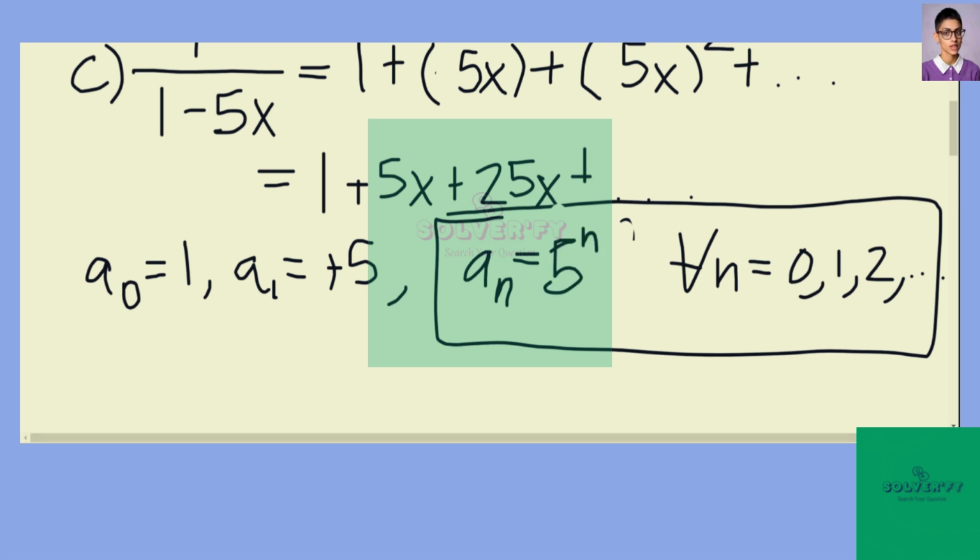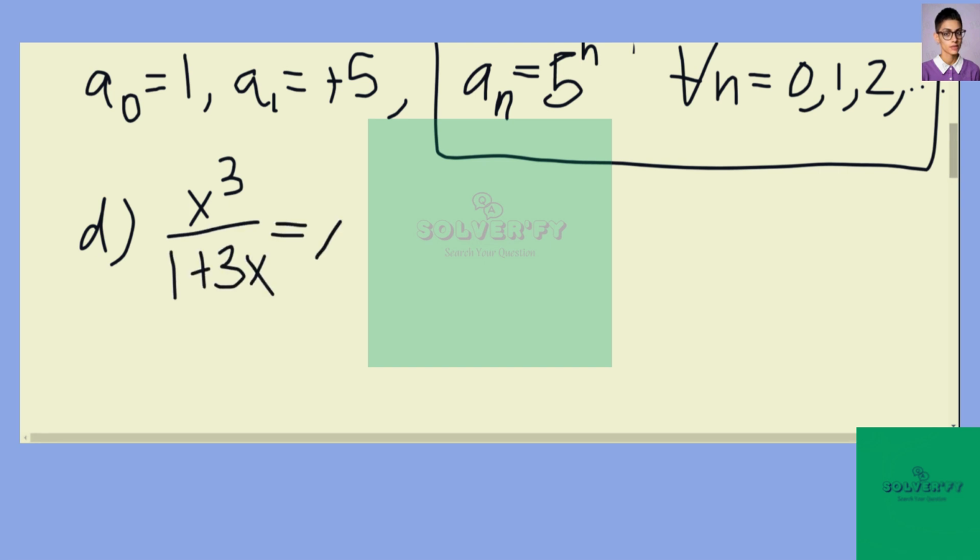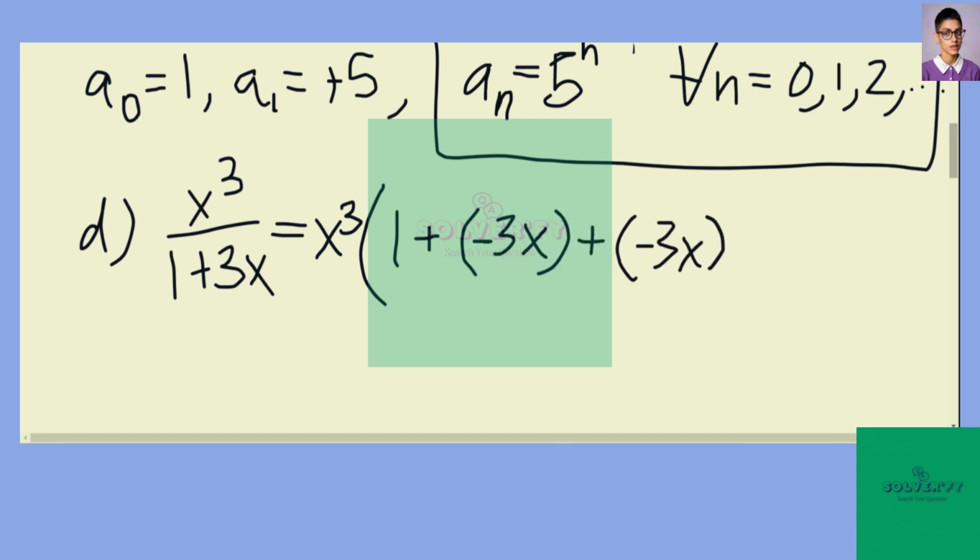Now in part D, we're given the generating function x^3 over 1 plus 3x. This is equal to x^3 times, by a theorem, we have that this is going to be 1, and this is minus negative 3x, so 1 plus (-3x) plus (-3x)^2 plus, and so on.